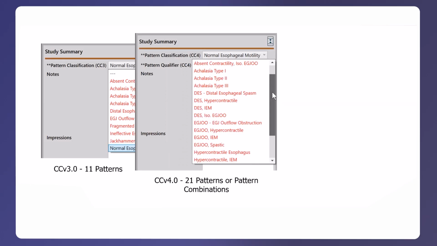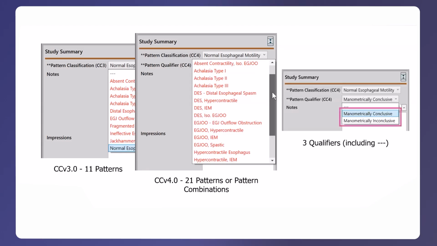Our pattern classification underwent the greatest upgrade, listing both a major and minor classification. If criteria are met for more than one pattern, a pattern qualifier of manometrically conclusive or inconclusive, informed by the Chicago 4 publications, was added based solely on the manometric data.